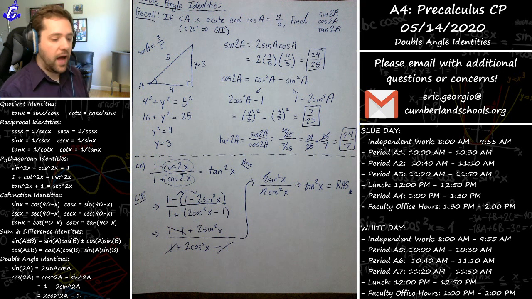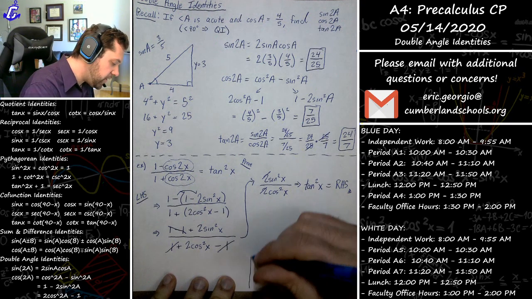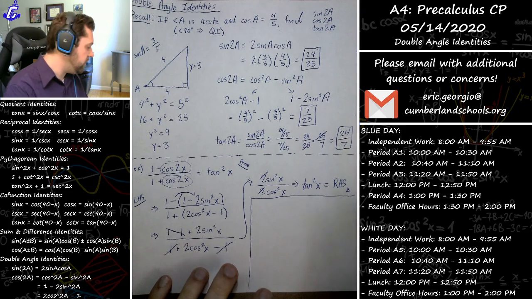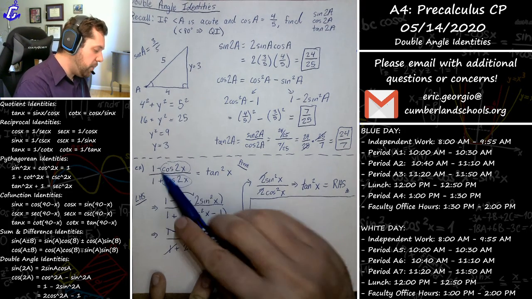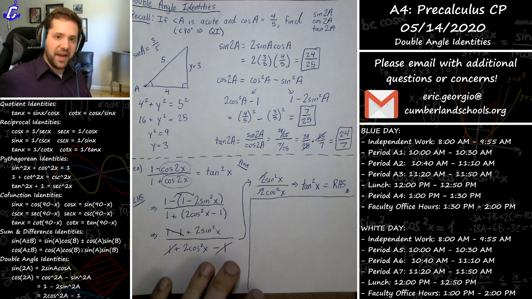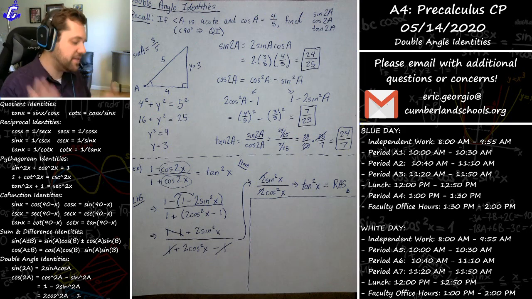Now, again, I want to emphasize that you could have picked other variations of cosine of 2x, and you still could have gotten the right answer. Let me show you. I'm going a little rogue here, but let me show you. What if you used, in both the numerator and denominator, the cosine squared x minus sine squared x version? What if you used that definition instead?